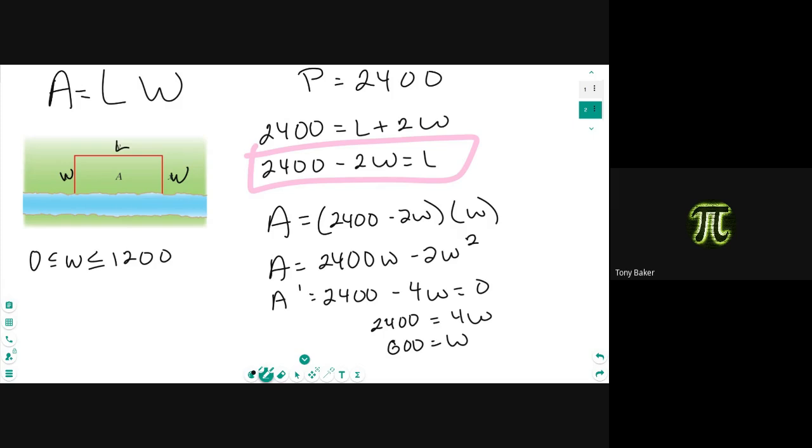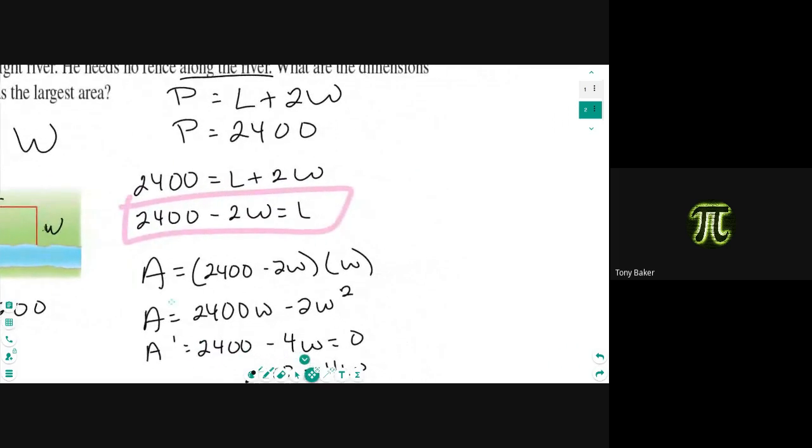So I've got 3 values here for my width. I've got a width of 600, a width of 0, and a width of 1,200. So my length for the width of 0 would be 2,400. That one would be 0.